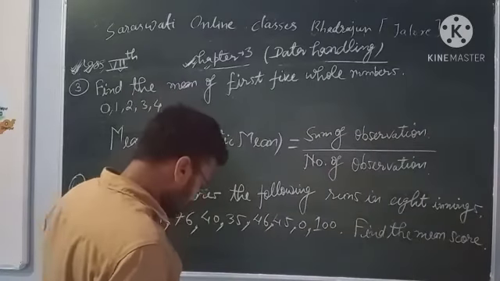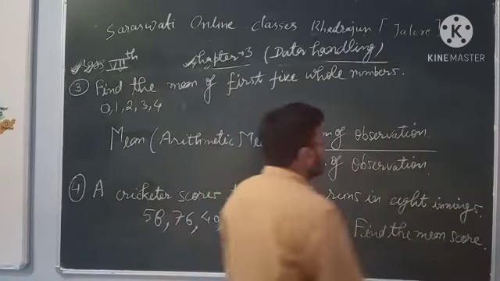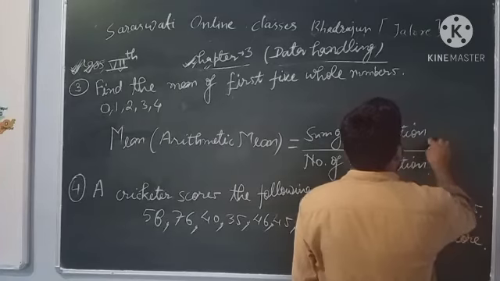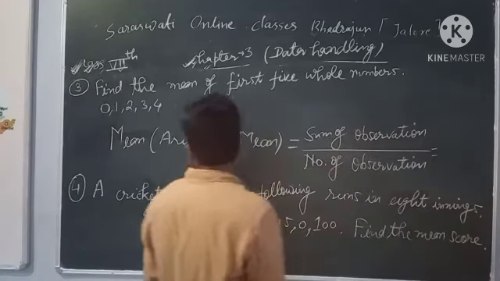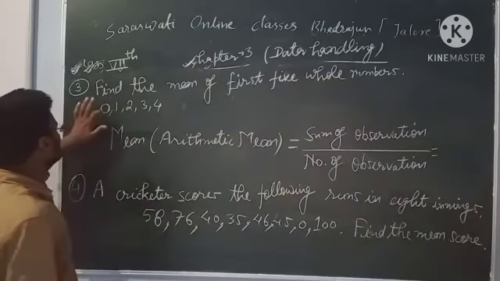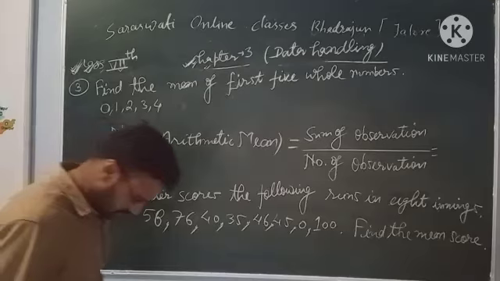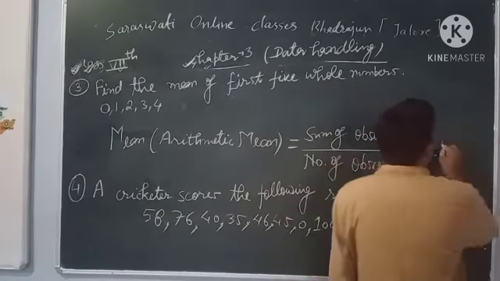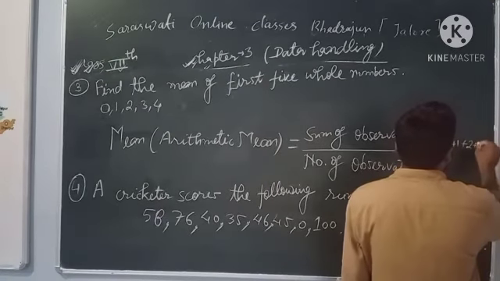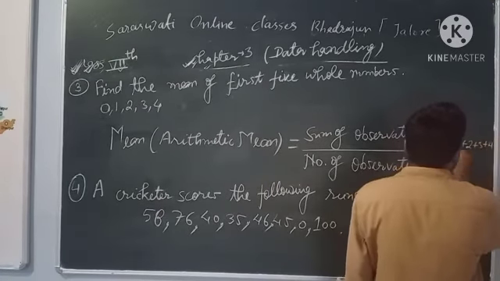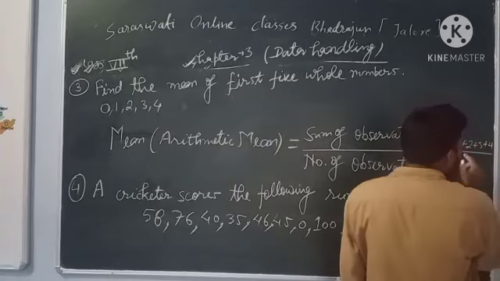So what is the sum? Listen, the sum is 0 plus 1 plus 2 plus 3 plus 4. And how many numbers are there?